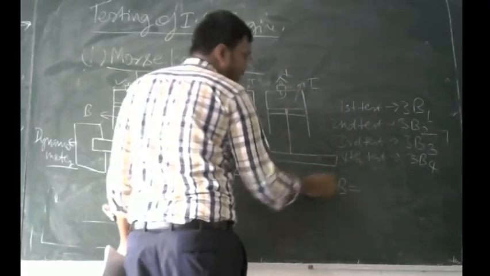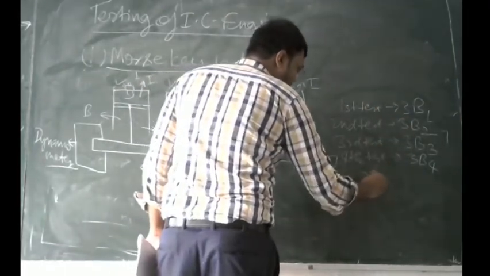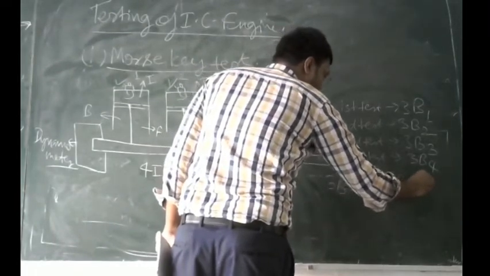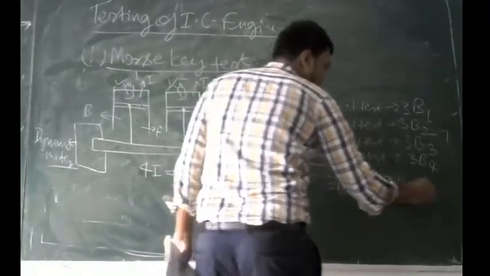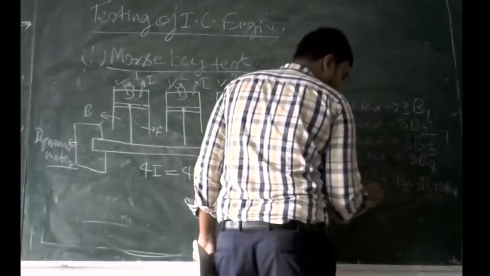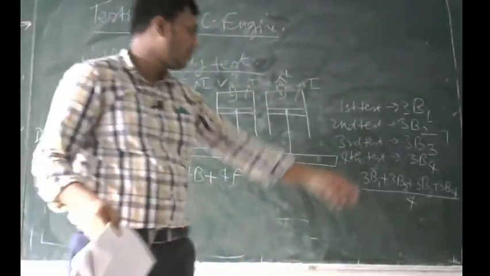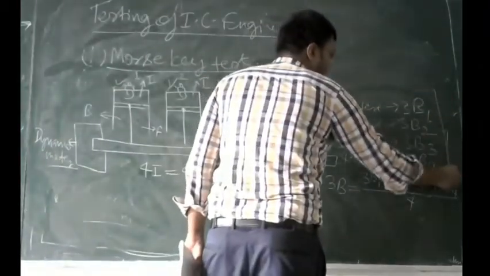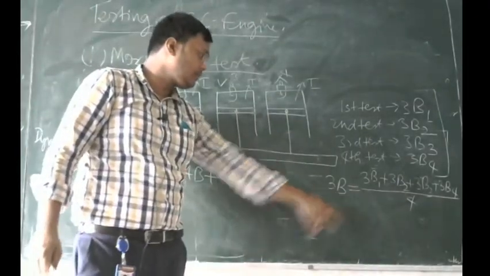It will be 3B1 plus 3B2 plus 3B3 plus 3B4 divided by 4. Four readings are there, so we divide by 4. So from this we can calculate the average brake power of three cylinders, that is equal to 3B.